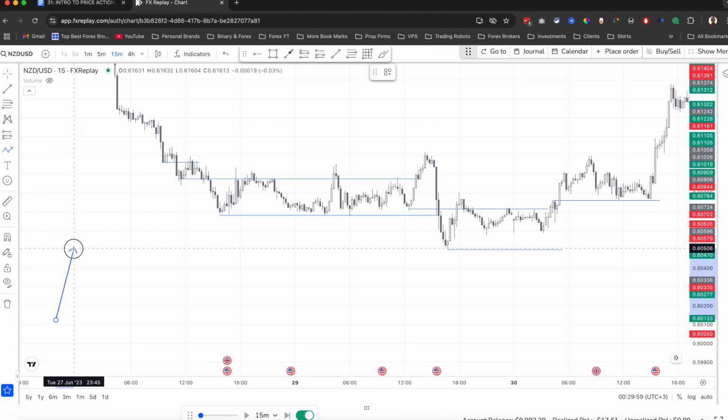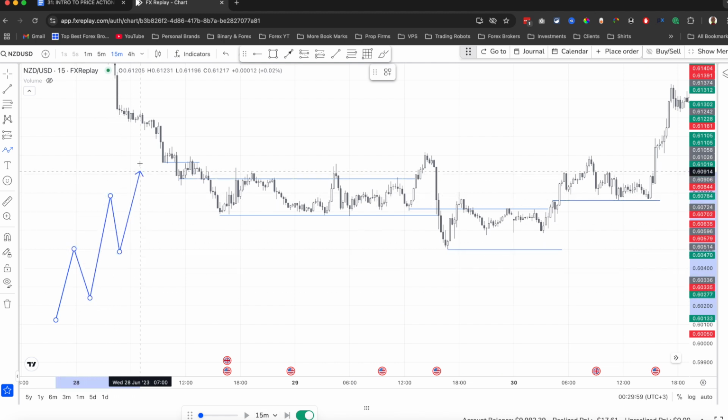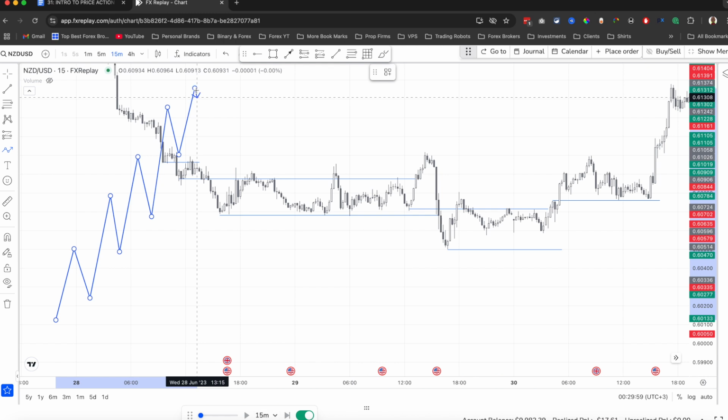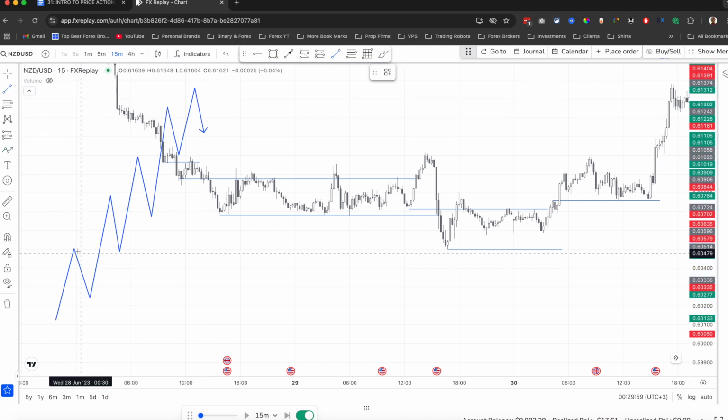So if the market is trending up like this, then this is now our key level, right? So there is a break and we wait for a retest. There is a break and we wait for a retest.